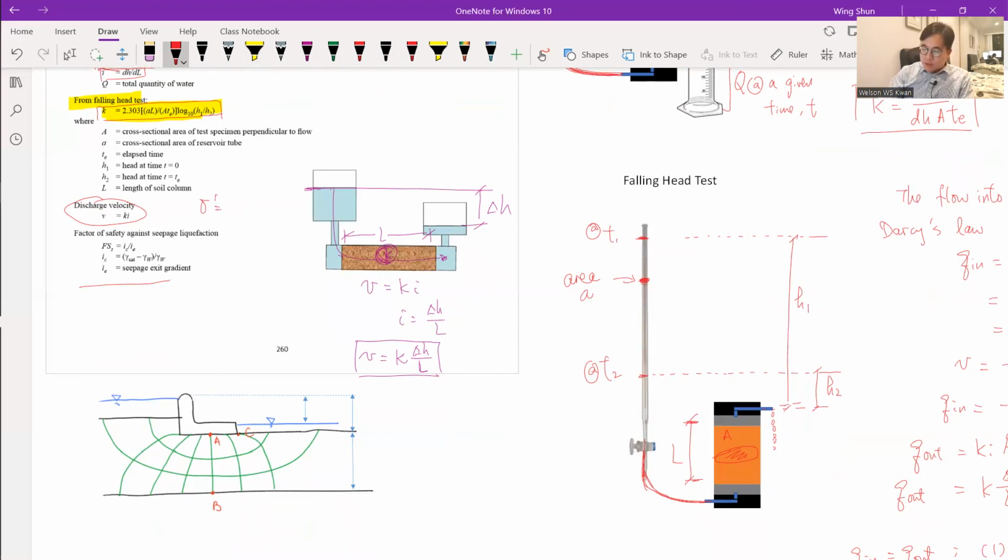The effective stress of soil equals the total stress minus the pore pressure. If the generated pore pressure is high enough to equal the total stress, the effective stress will become zero, because now u is almost as high as sigma. So the effective stress could go to zero.